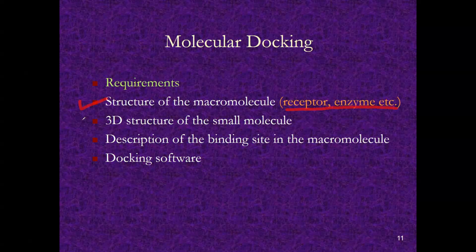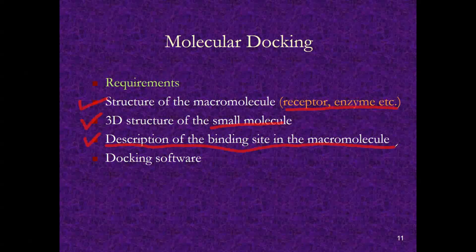And you also need the 3D structure of the small molecule for docking. The third thing, you need a description of the binding site in the macromolecule, where the small molecule needs to bind. And obviously you need the docking program, docking software, for docking purposes.